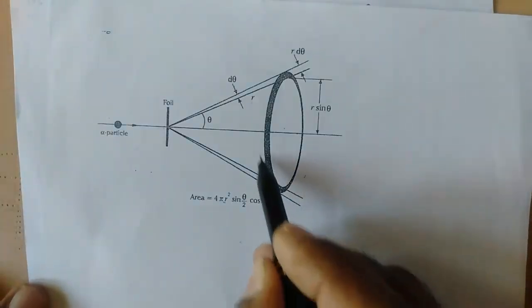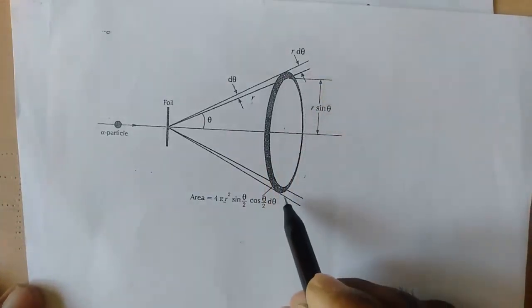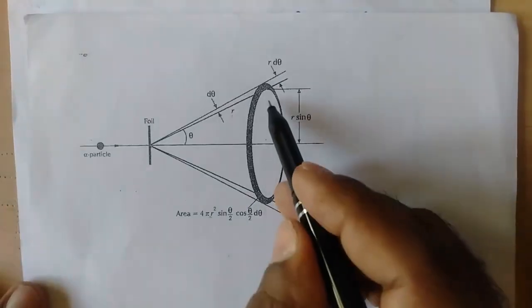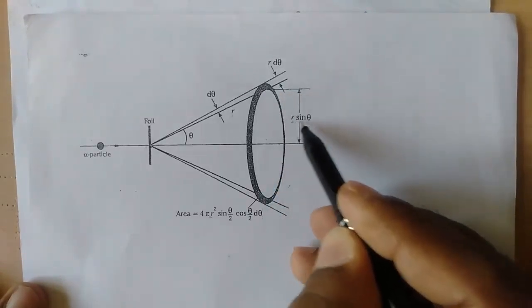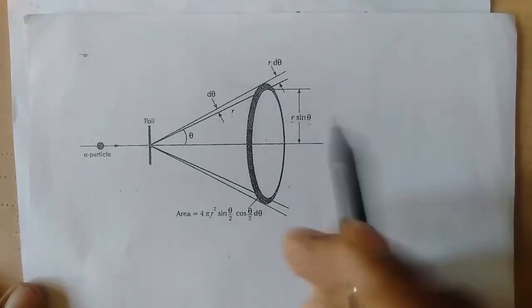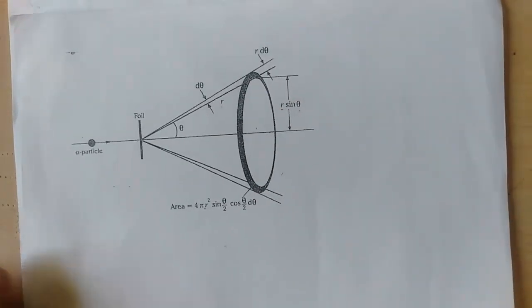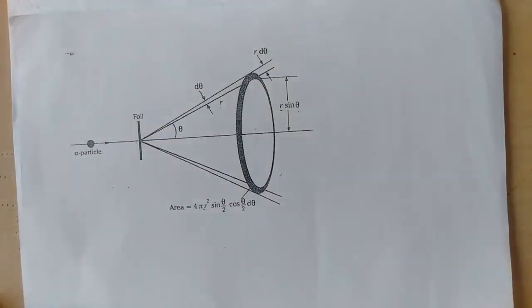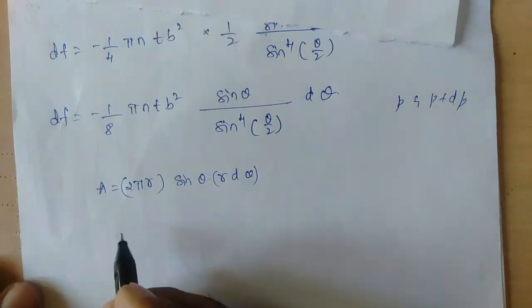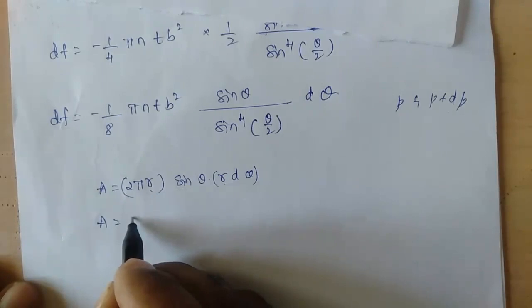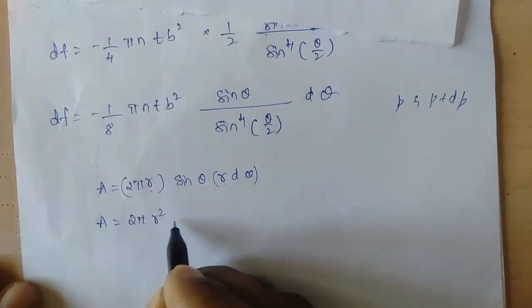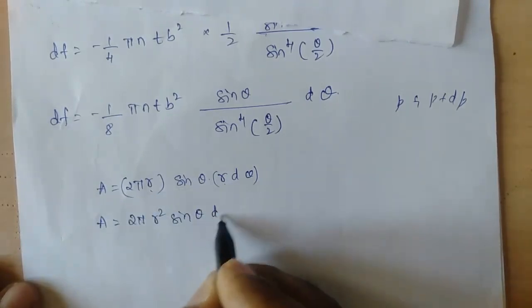So this blackened area has thickness r dθ; the radius is r sin θ, and the circumference is 2π r sin θ. From this we have to calculate the number of alpha particles that are detected which are scattered at an angle θ and θ + dθ. So the area can be written as r × r, that is r², so A = 2π r² sin θ dθ.